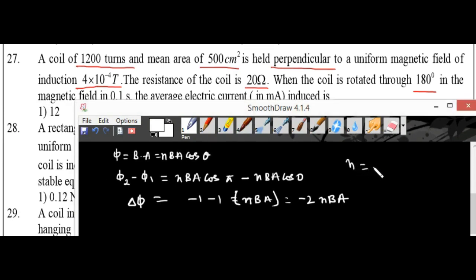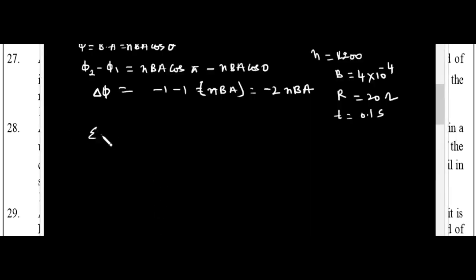Here N is equal to 1200 turns and B is equal to 4 × 10 power minus 4 Tesla. Resistance is 20 ohm. The coil is rotated 180 degrees. Now the time t is equal to 0.1 second. Then we know E is equal to minus d phi by dt.